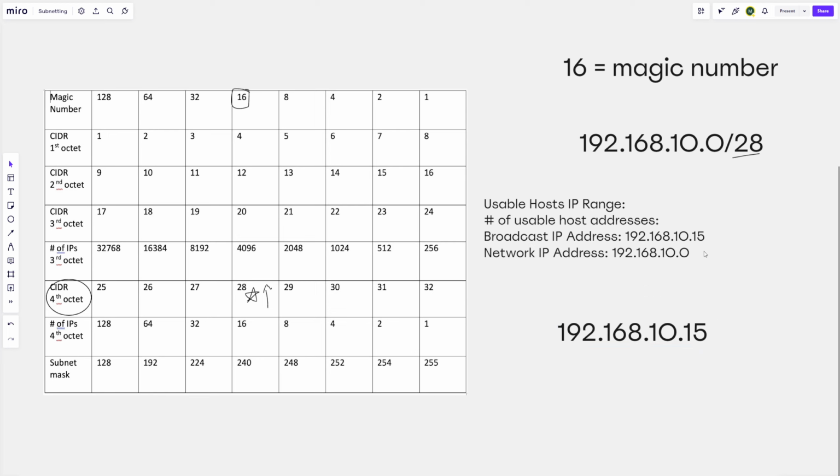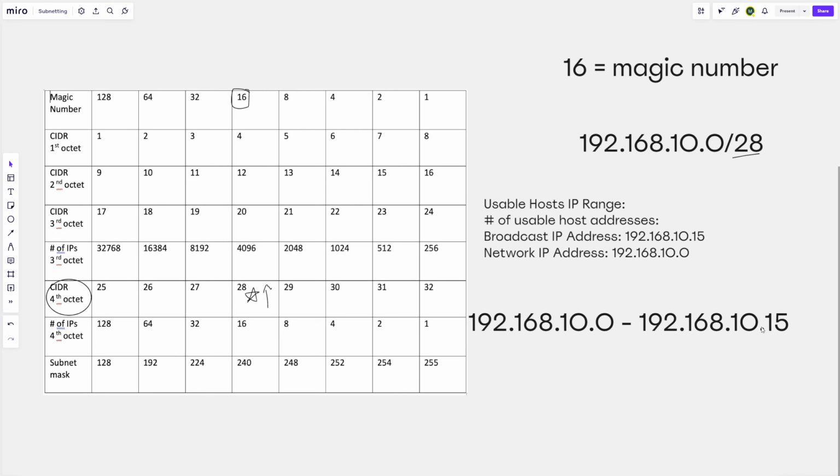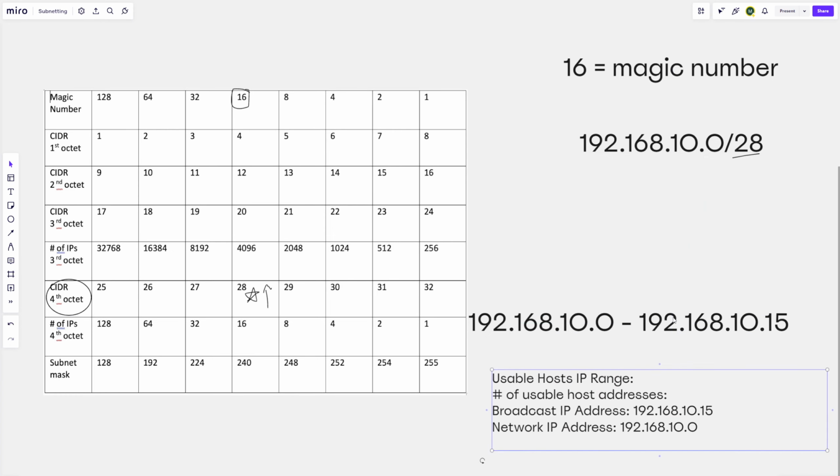Then we subtracted 1 for our broadcast IP address. Sweet. So we now know that our current range is 192.168.10.0 to 192.168.10.15. Sweet. Let's move this up.